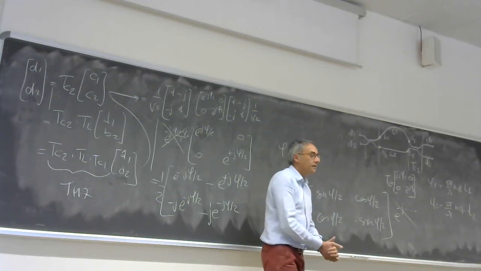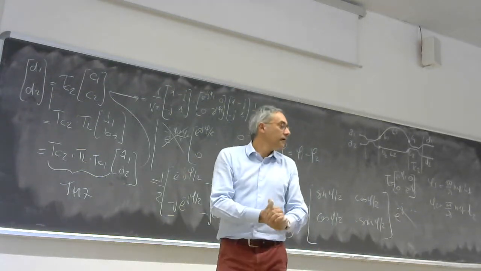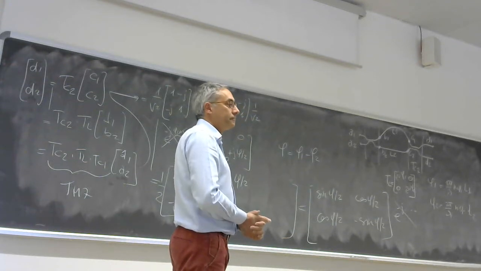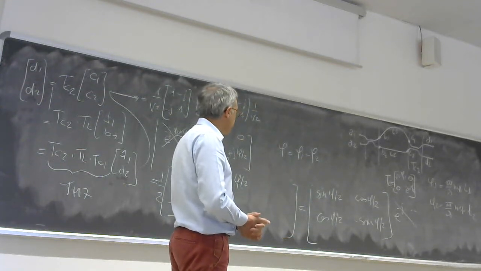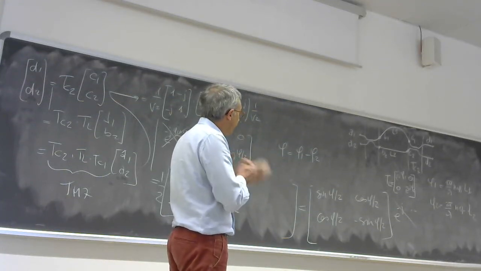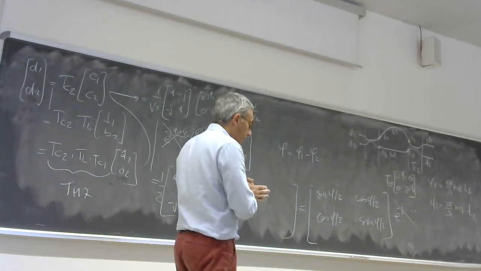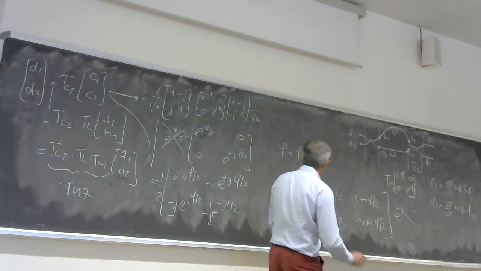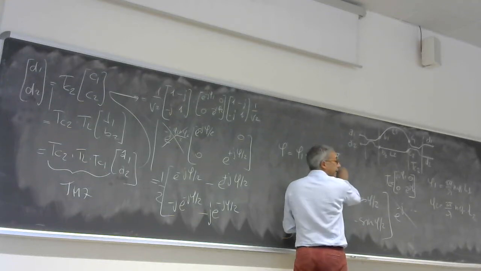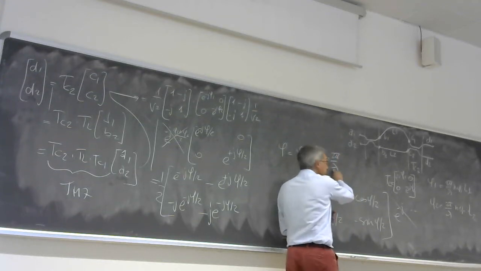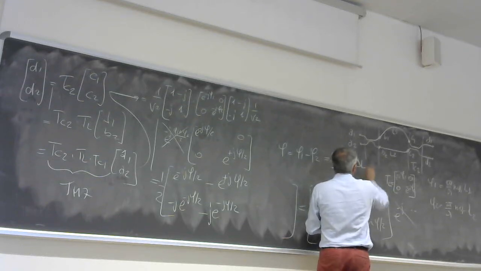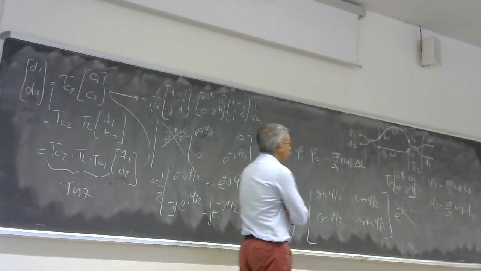You can have attenuation terms, but basically this. So the transfer function really depends on what? Just phi. So 2 pi divided by lambda, the wavelength, the effective index, and the unbalance of the two arms.